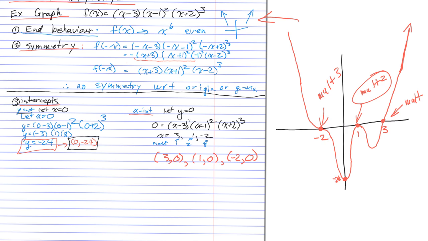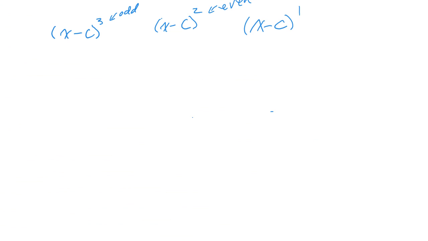So just a quick recap before we go and do the work. When we have a function with exponents on its factors, think about what happens when the graph touches the x-axis at c. For an odd power, the graph will look like an S shape, coming down through the point or going the other way, one of those two.